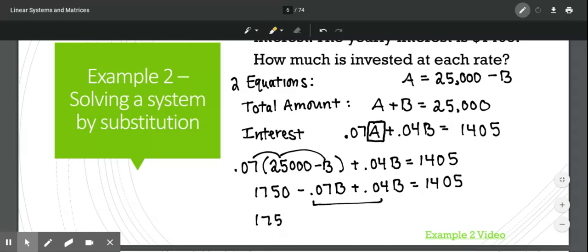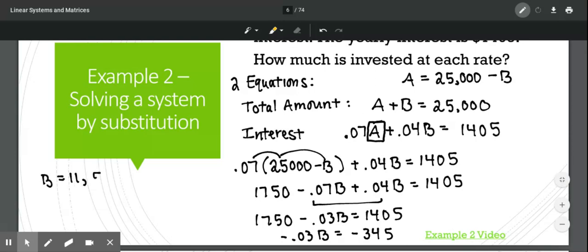So 1750 minus 0.03B equals 1405. If you subtract 1750 from both sides, you get negative 345. And then if you divide that by negative 0.03, you get that your B equals $11,500. So that's how much was invested into your B.